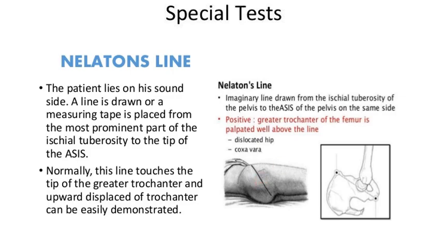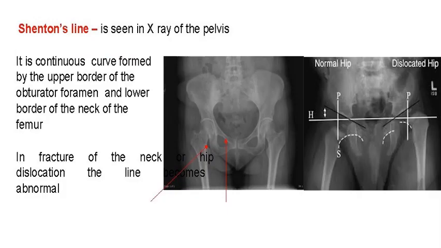joint. A clear representation is Shenton's line in a radiograph, where it is the continuous curve that is formed by the upper border of the obturator foramen and the lower border of neck of the femur. This arch, which is represented here, goes from the upper border of the obturator foramen to the lower border of the neck of the femur.